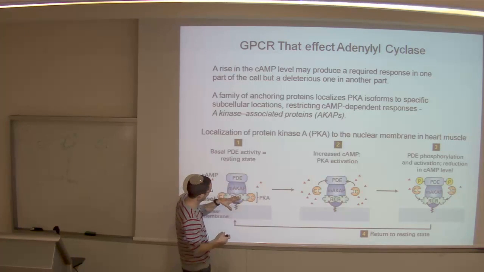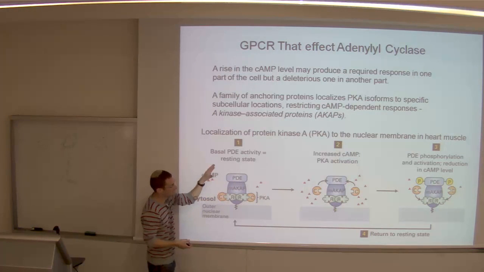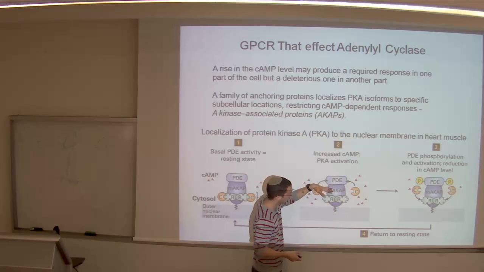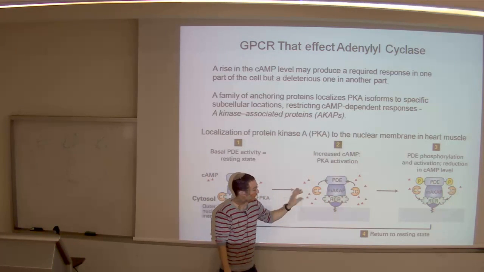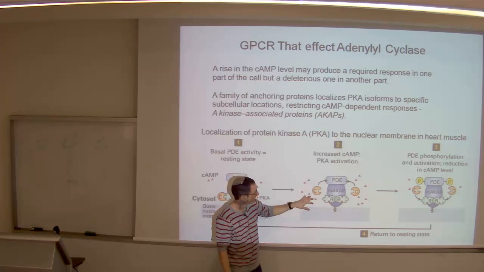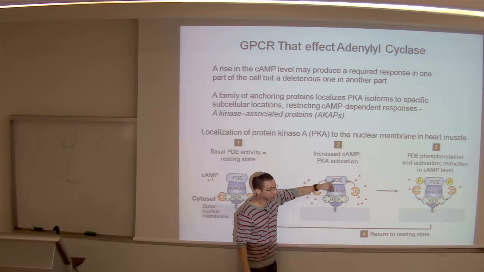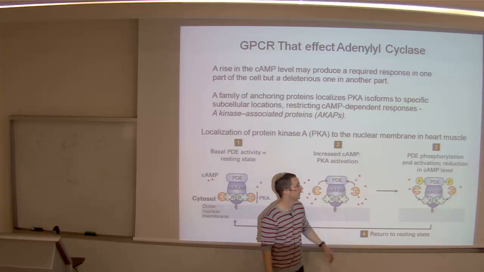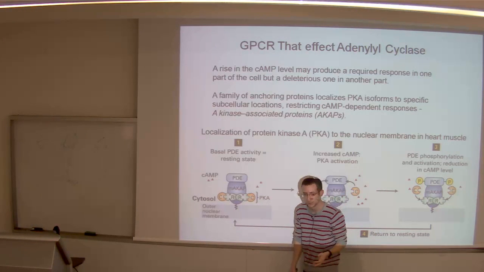The PDE will meet the cyclic AMP, will feel the activation through the phosphorylation by PKA, and it happens very fast because you put these two proteins in close proximity. So you have a temporal limitation or temporal restriction of this process.